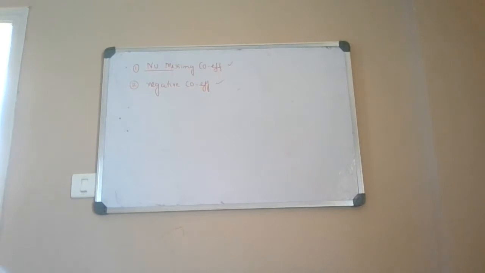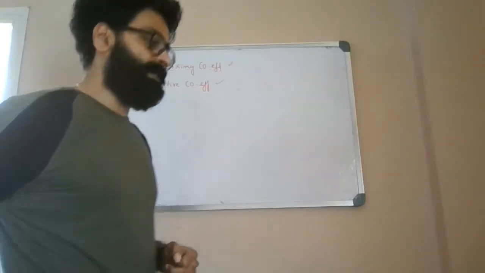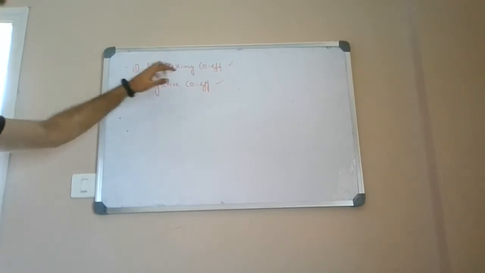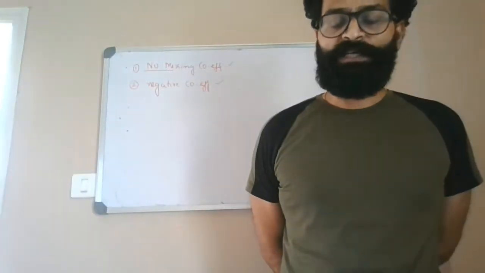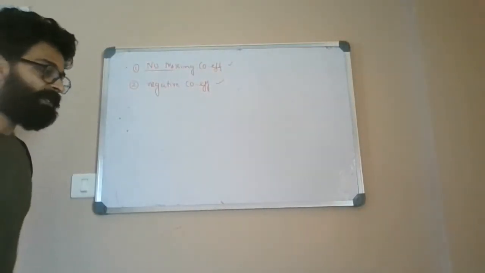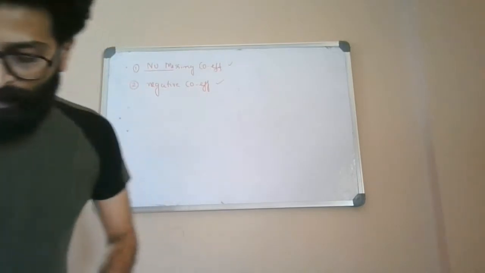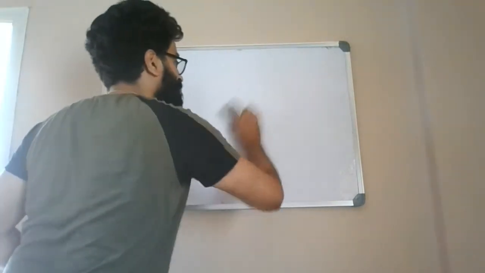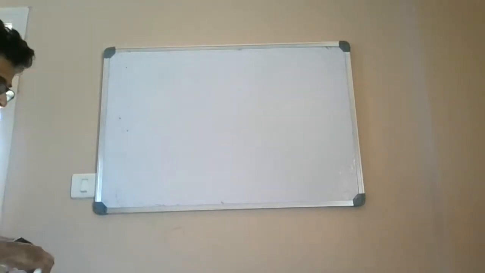Now, if the given characteristic equation is not suffering from these two conditions, then you can go ahead with applying the Hurwitz criteria. All right. So today let's look at how to determine the stability using Hurwitz criteria.